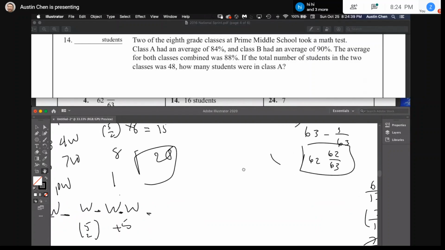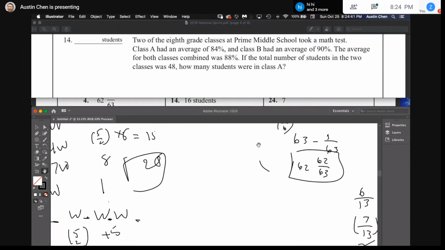All right, so you can do this in a very systematic way. The number of Class A students is A, and the number of students in Class B is B. So then you can set up equations.